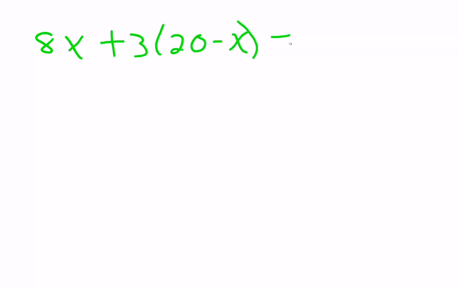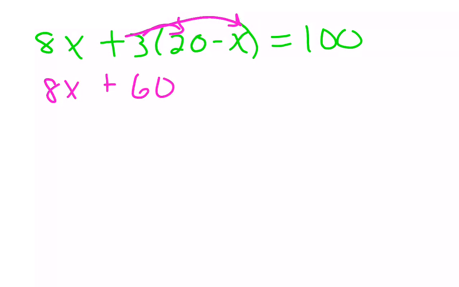So let's get some room here so we can actually solve this. Let me rewrite that: 8x plus 3 times 20 minus x equals 100. Now we need to distribute the 3. So we have 8x plus 3 times 20 is 60, and 3 times x is 3x.